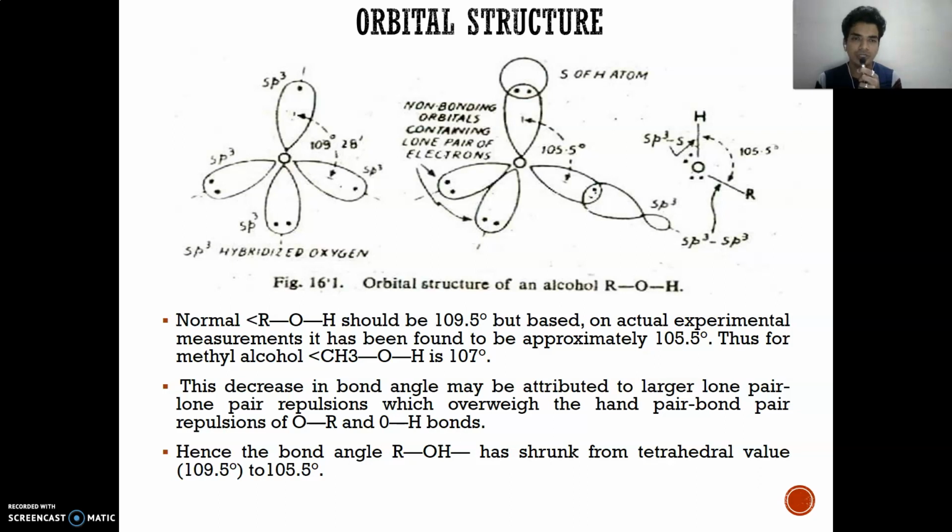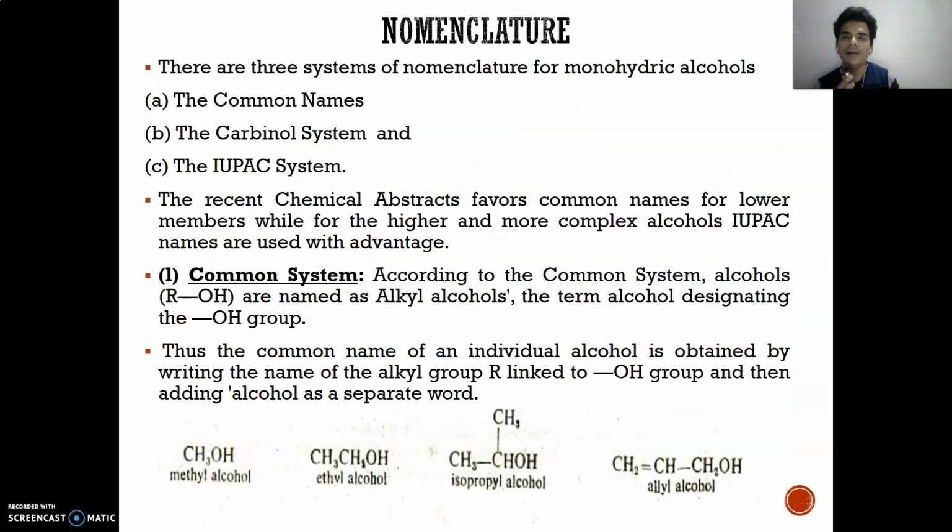So there is a repulsion related to the structural features of OH and OR, which produces a specific bond angle between them, and hence the ROH bond angle shrinks from the tetrahedral value of 109.5 to 105.5 degrees.